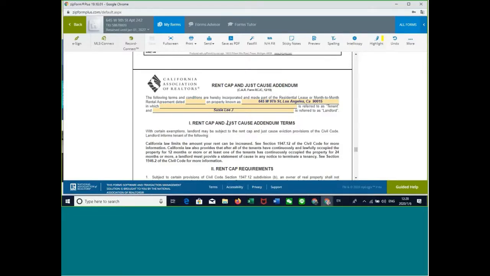Right? What does that tell you? What does the word exemption mean? Not every property is subject to the new law. That's what exemption means, right?